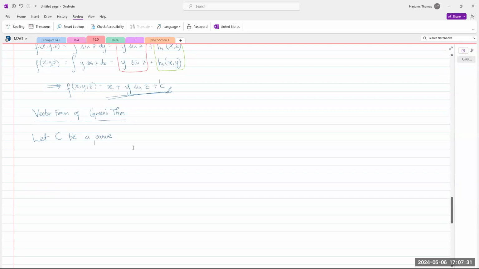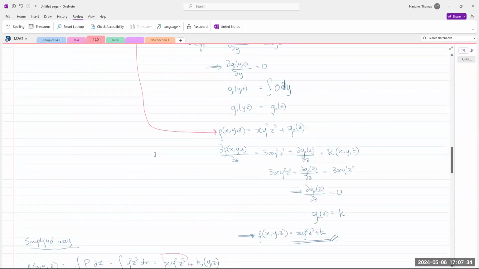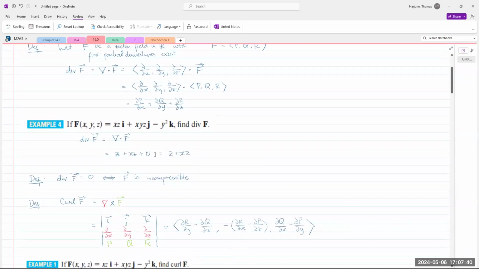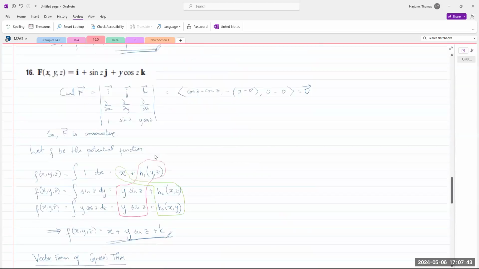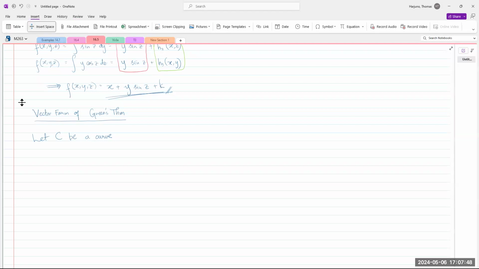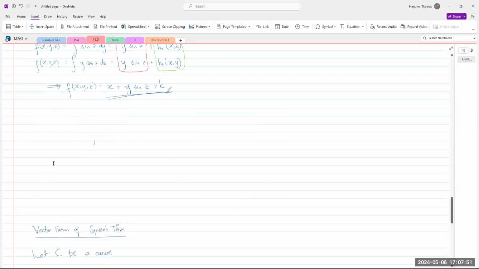Before that, I just realized one thing. Actually, before I go to the vector form of Green's theorem, I have something that I need to say, which is quite important though. Let me just quote that theorem.